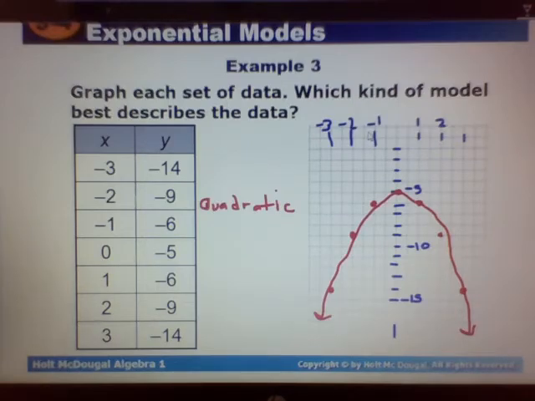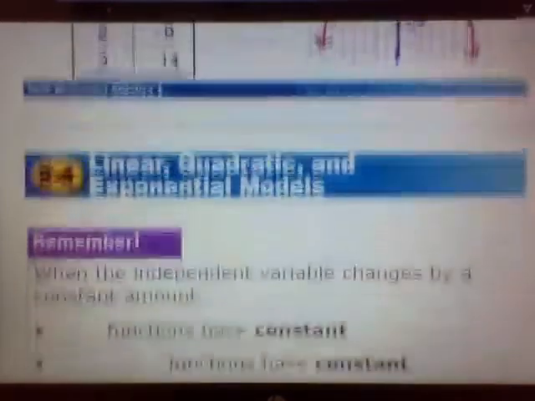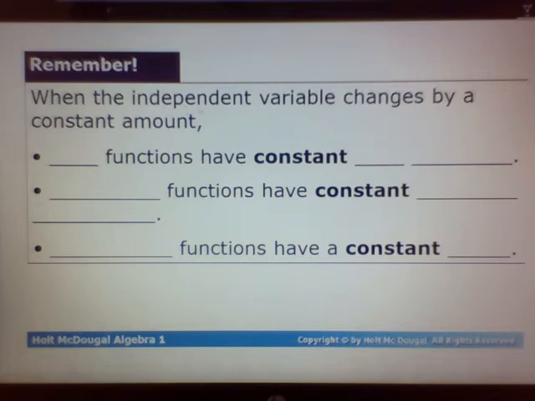Oh, apparently I just deleted my axes. Okay. Just put those back in. All right. So next one here, when the independent variable changes by a constant amount, linear functions have constant first differences.